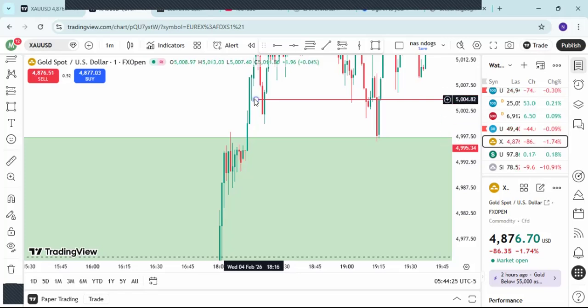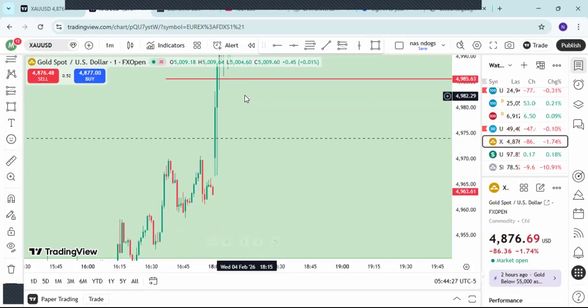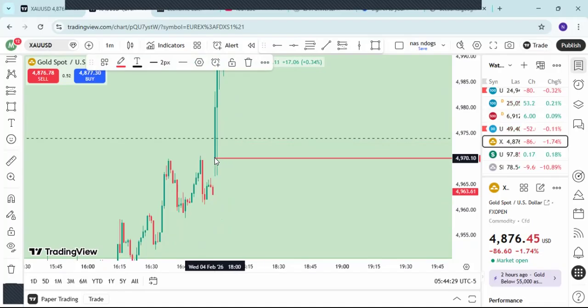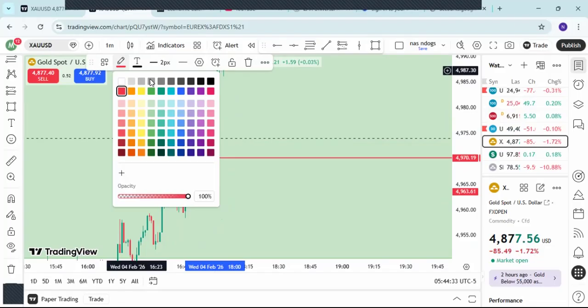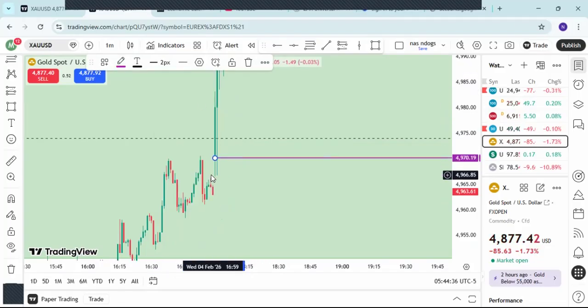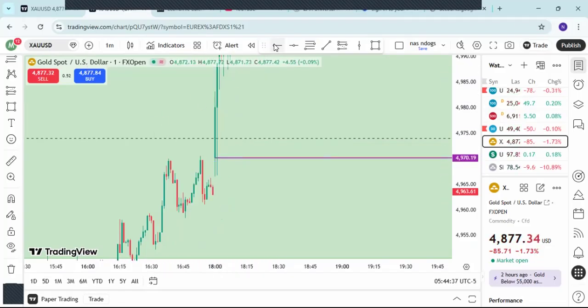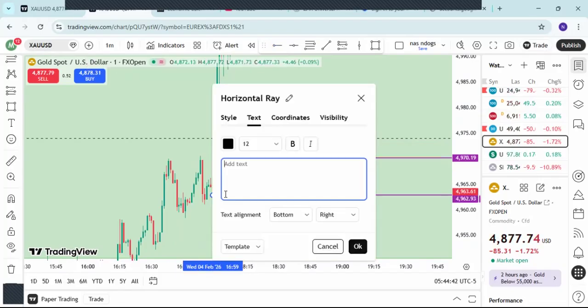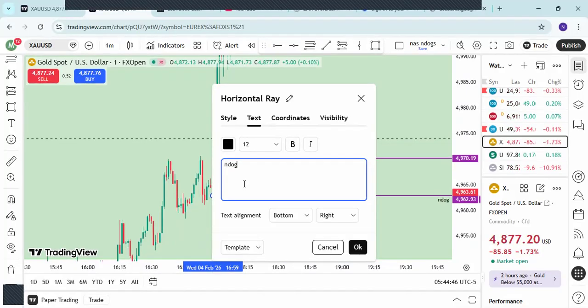Okay, let's go. We're trying to find 6 o'clock, guys. 6 o'clock. There we go. That's a new day. In purple, they open gap high, they open gap low. Date is 05 Feb.